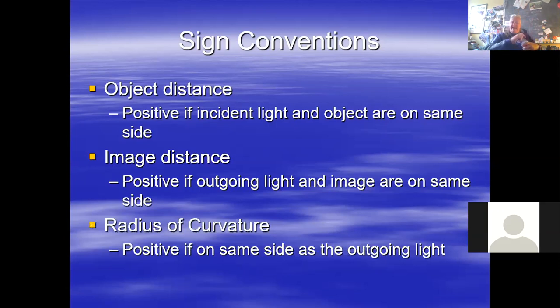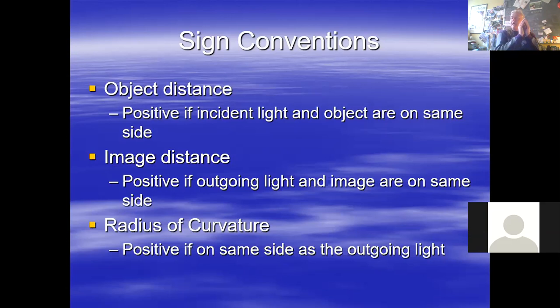Then the focal length is determined by the radius of curvature. Okay, the focal length, which is half the radius of curvature, will be positive if it's on the same side as the outgoing light for a mirror or a lens. And that's for the far focal point for a lens.